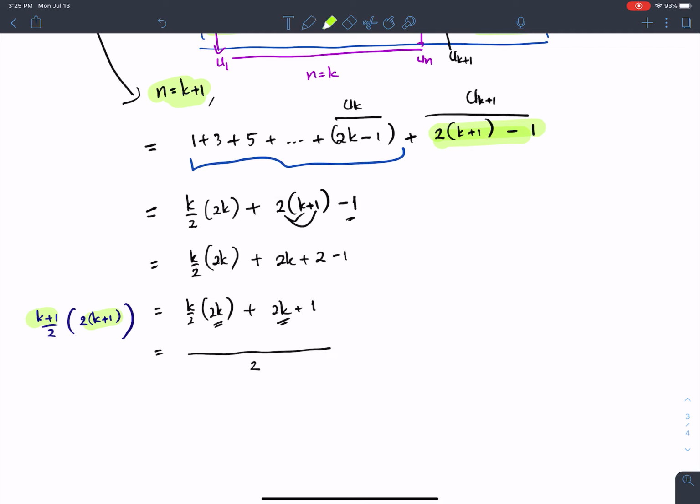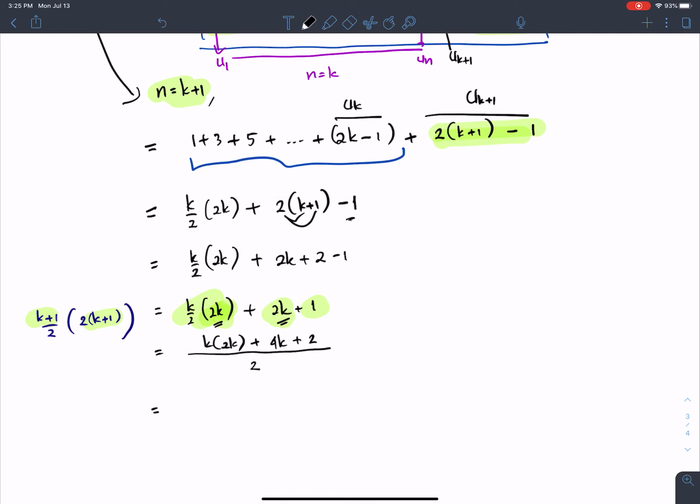So the first term will have k 2k, plus this one will become 4k, this one will become plus 2. So I hope you can figure out that part. Alright, so now continue.